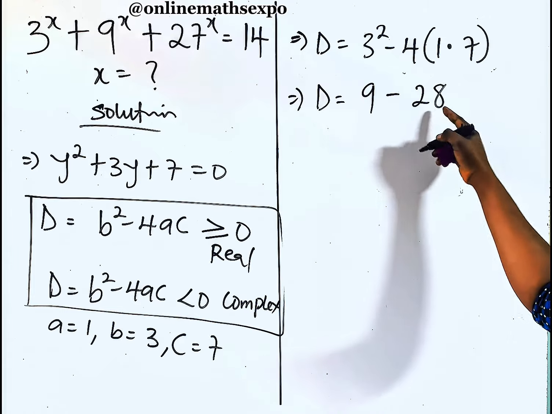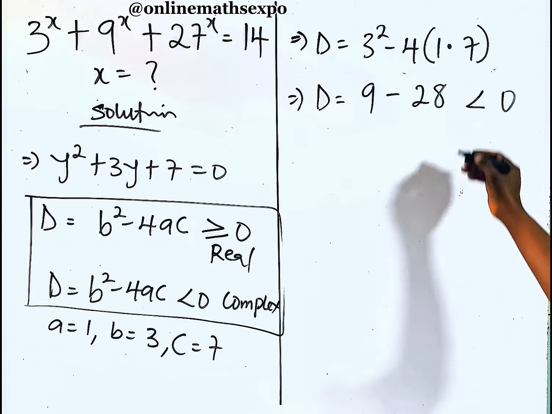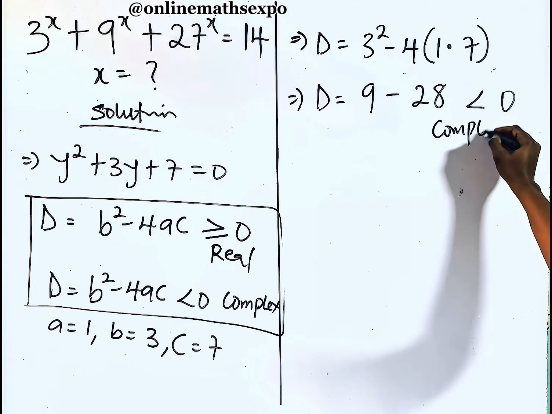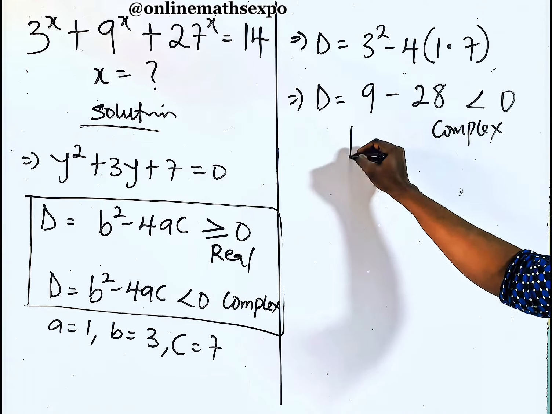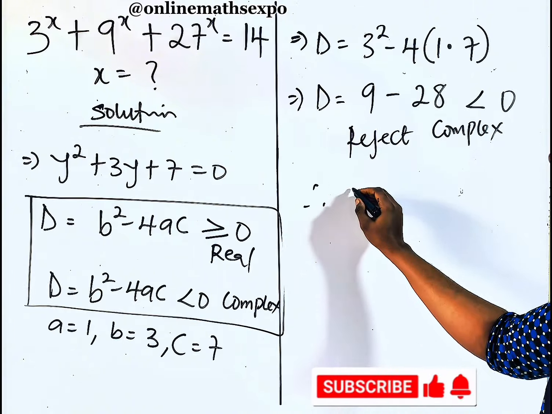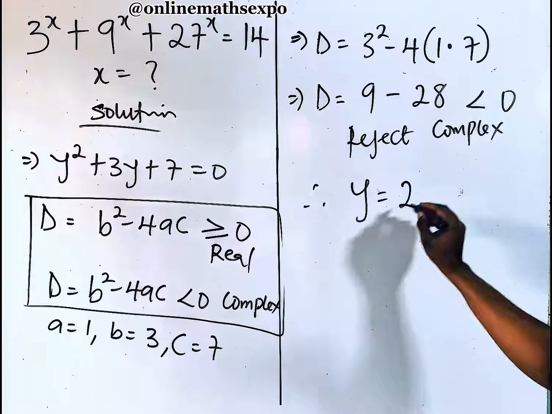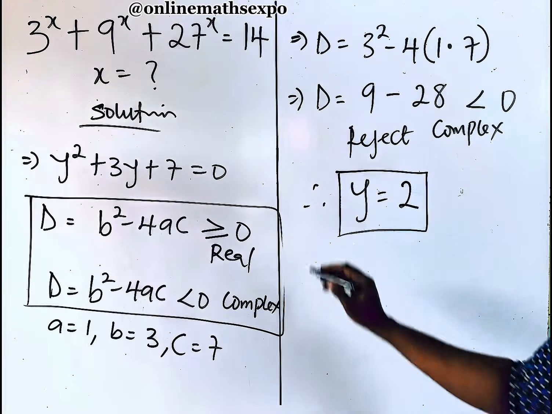And you know that when you subtract this, it is a number that is less than 0. And in that case, it is complex, and we are going to reject. So we reject this solution. So we are going to have it that the acceptable value of y is equal to 2. So this is the acceptable value of y.